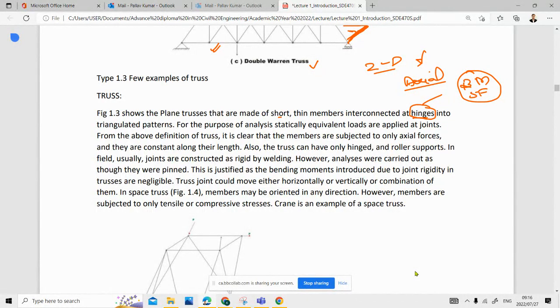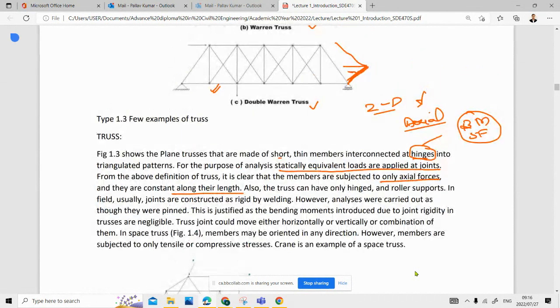For the purpose of analysis, statically equivalent loads are applied at the joints, and these things you already know. Only axial forces, and they are constant all along the length. So this is what the definition of the truss says.